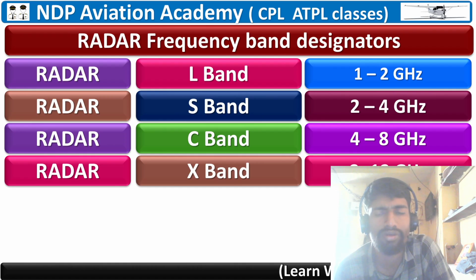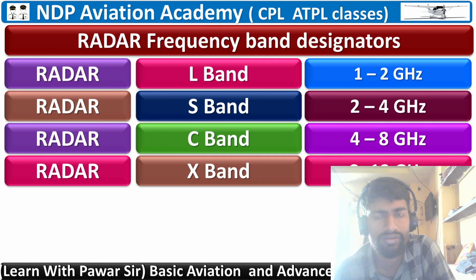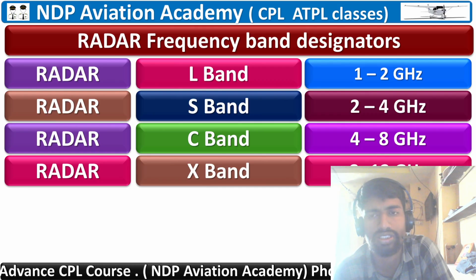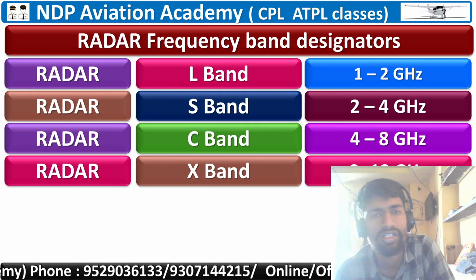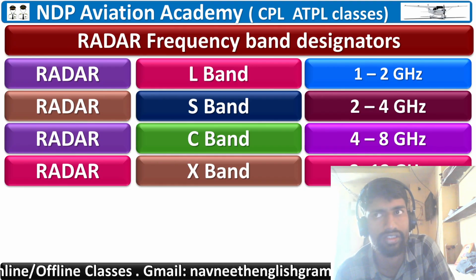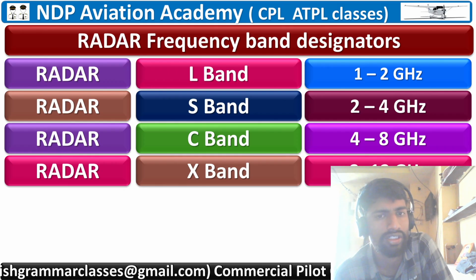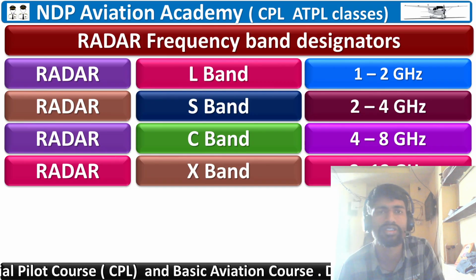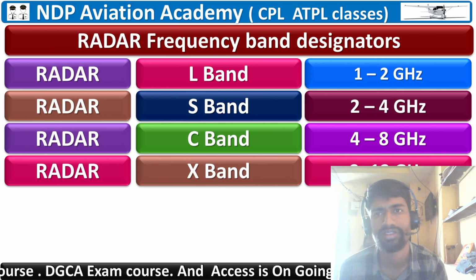Radar L band frequency starts from 1 to 2 gigahertz, radar S band starts from 2 gigahertz and ends at 4 gigahertz, radar C band starts from 4 gigahertz and ends at 8 gigahertz, and radar X band starts from 8 gigahertz and ends at 12 gigahertz. So this is the radar frequency band designation.